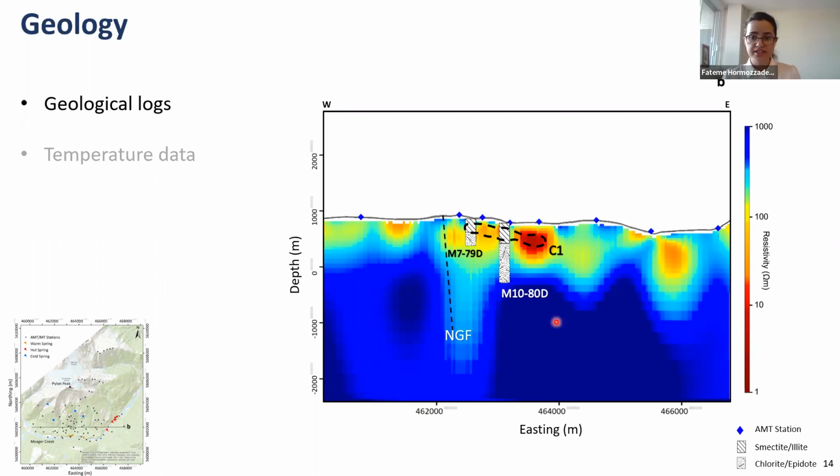In the literature, the resistivity increases from smectite-illite to epidote zones, depending on the amount of clay and alteration minerals that are available. We see this increase in the resistivity in our resistivity model as well.